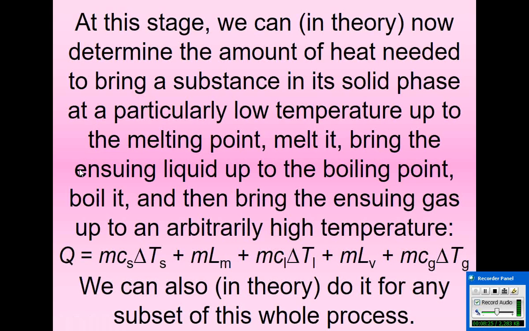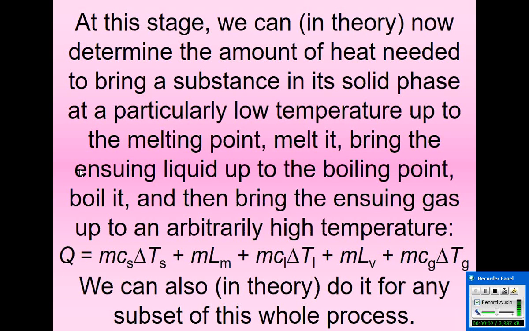Okay, let's combine all of this together. Let's consider what happens when we heat up a sample, and not only do we change the temperature, but we change the phase. We could, in principle, start off with a sample that is in solid form and below the melting point, the freezing point. So we start off, say, with ice at negative 20 degrees Celsius.